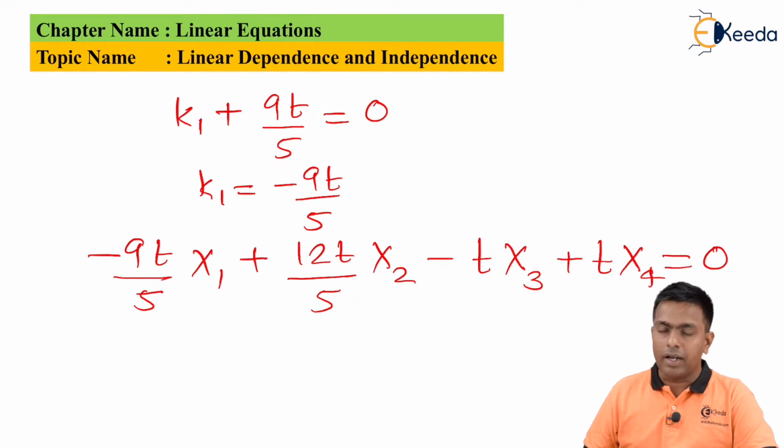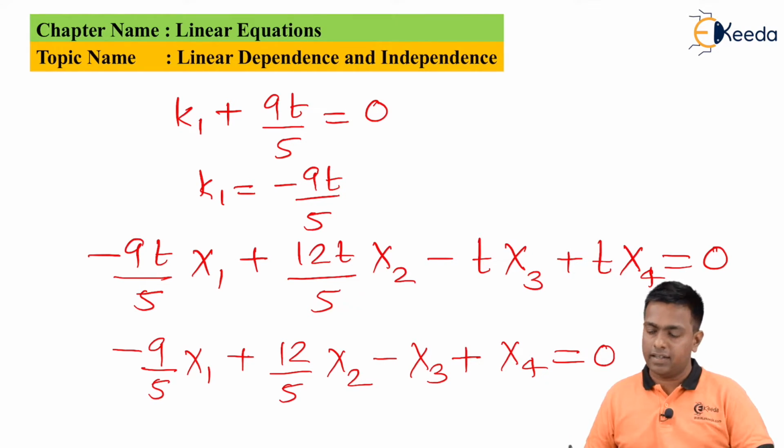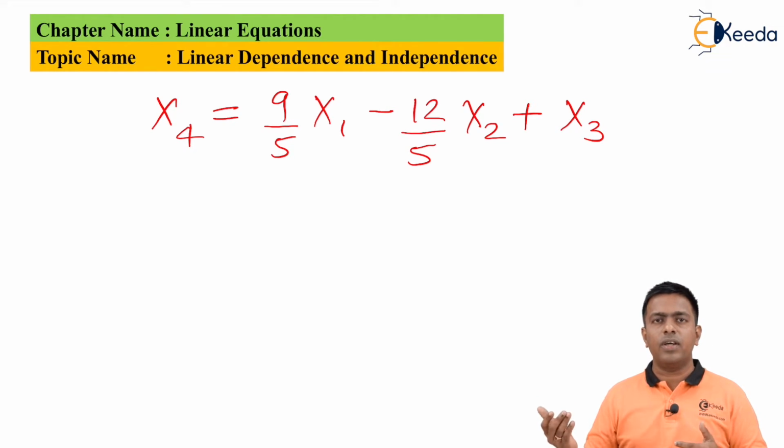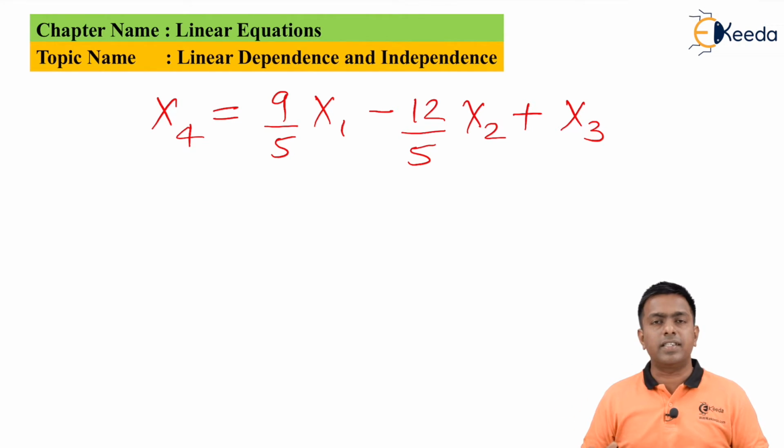In the remaining equation, we'll keep x4 on the left hand side and shift these three values to the right hand side. This will become positive, this will be negative, and this will again be positive. So we have proved that x1, x2 and x3 are linearly independent, and the vector x4 is dependent on x1, x2, x3 with this relationship.